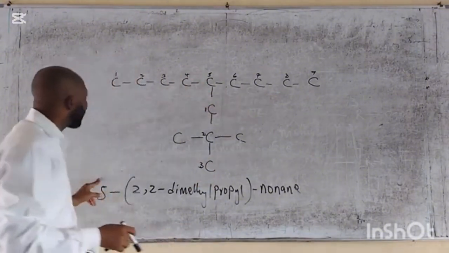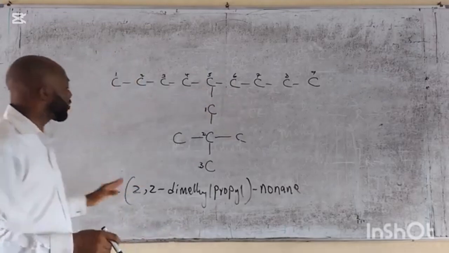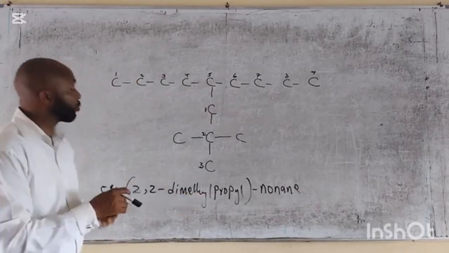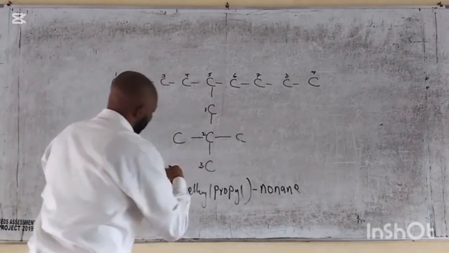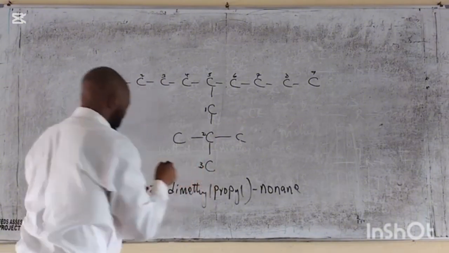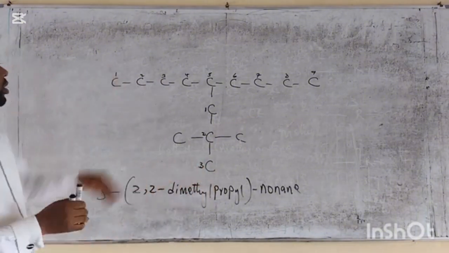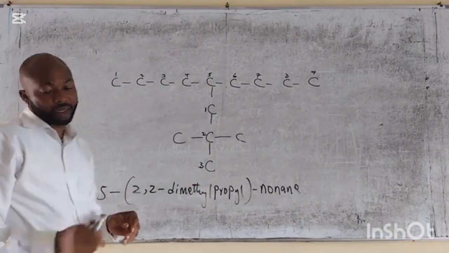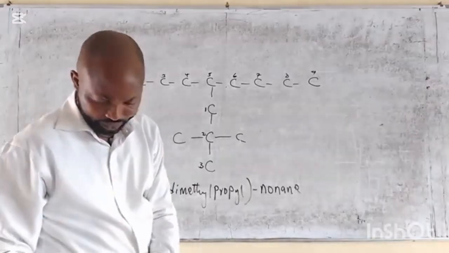So I started with the 5, which is here. In 5 I have 2,2-dimethyl propyl, nonane, because in 5 that is where all of this is happening. So that's that. Let's take another one.